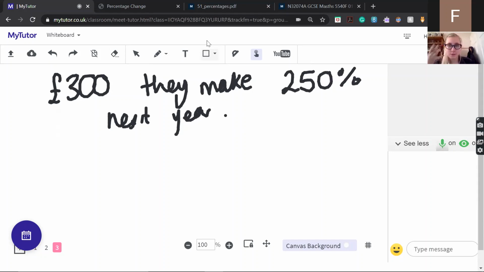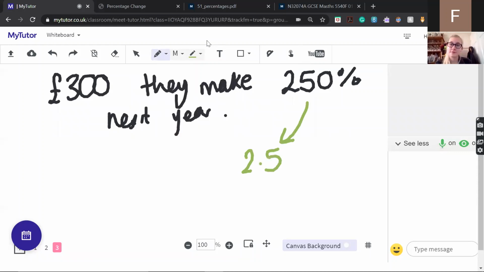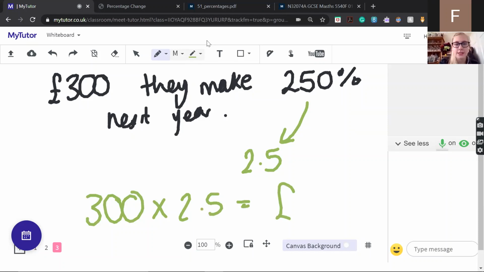So that's the method that we're thinking about. And what we do is we say that here, the multiplier is going to be 2.5. So if they make 250%, they make 300 times 2.5, which I think is going to be 750. She says not writing 750.